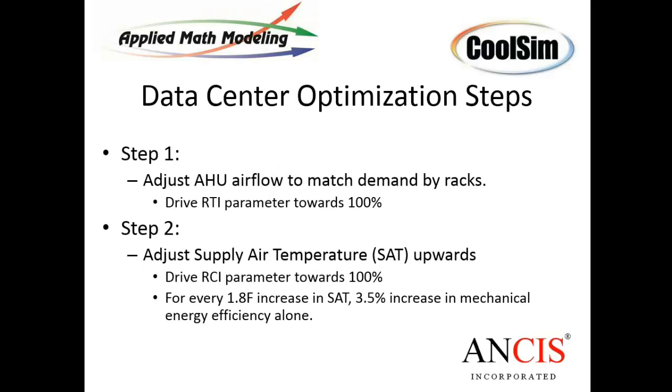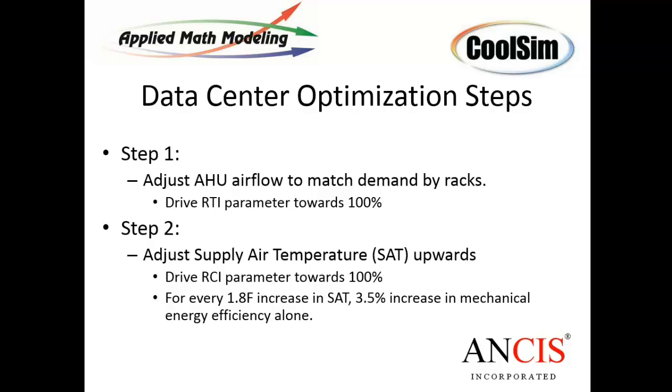So the steps we use in the optimizations that I'm going to show you are, number one, adjust the air handlers. You can call them CRACs or CRAHs or air handlers. Adjust those to drive that RTI parameter towards 100%. And step two, then begin to turn up your supply air temperature so that you get it within range and preferably as high as you can without exceeding range.